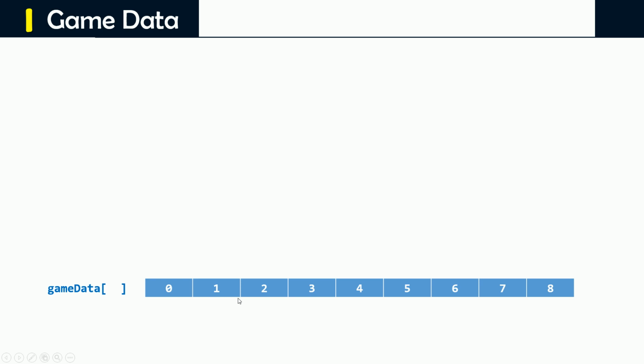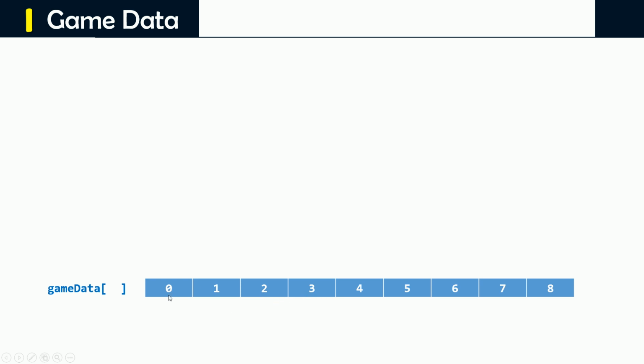So that's it. We said that we're not gonna deal with our board array because it's a two-dimensional array, and that will make it hard on us. So instead we're gonna work with a one-dimensional array, which we'll call gameData. So it's a one-dimensional array.